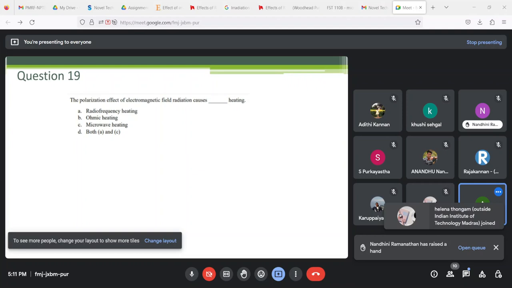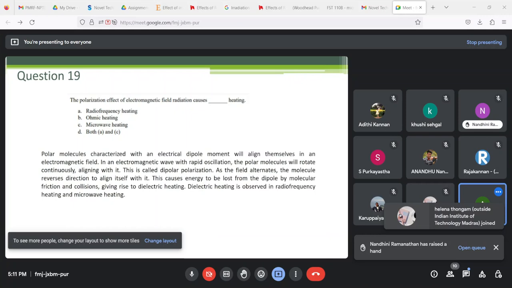So both in case of radio frequency heating and microwave heating, you subject your food sample to electromagnetic radiation that has very rapid oscillation. All the polar molecules present in the food will try to align with the electromagnetic radiation that you are giving, and this radiation will be continuously reversing its direction.